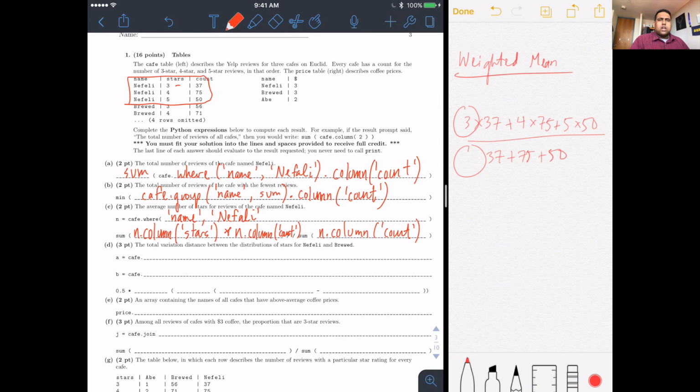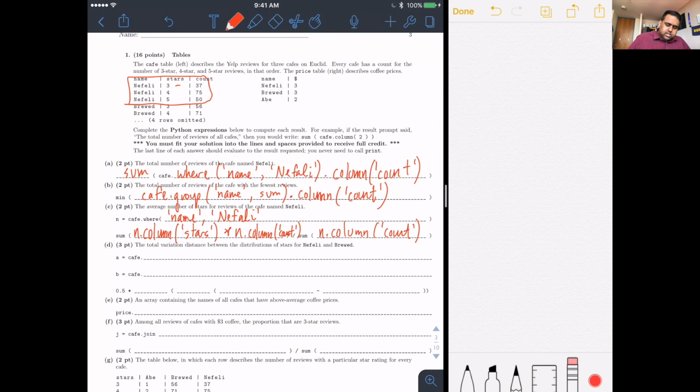Now problem 4, or part D, I guess, asks us for the total variation distance between the distributions of stars for Nephali and Brood. So let's remind ourselves, what does the total variation distance mean? If we have some set of values x1, x2, and so on to xn, we also have the values y1, y2 to yn.